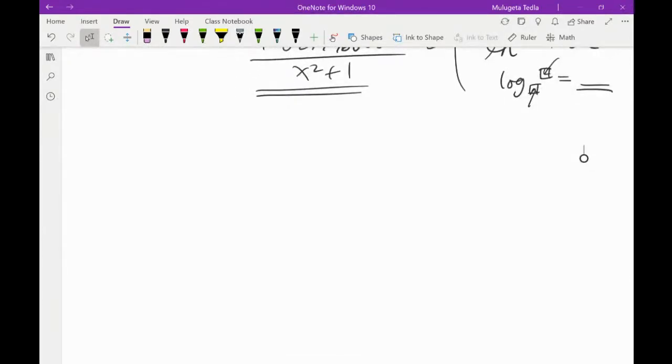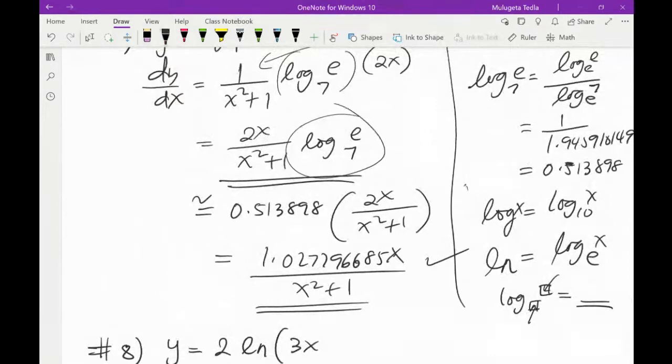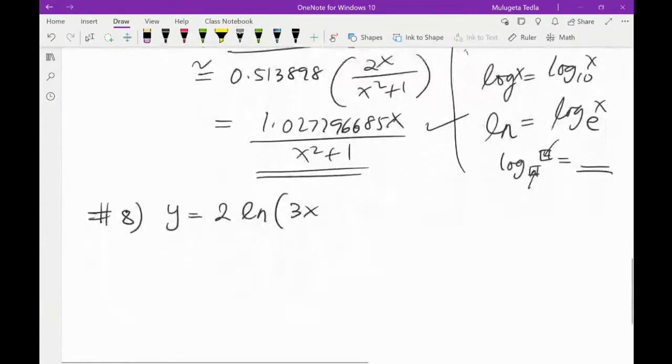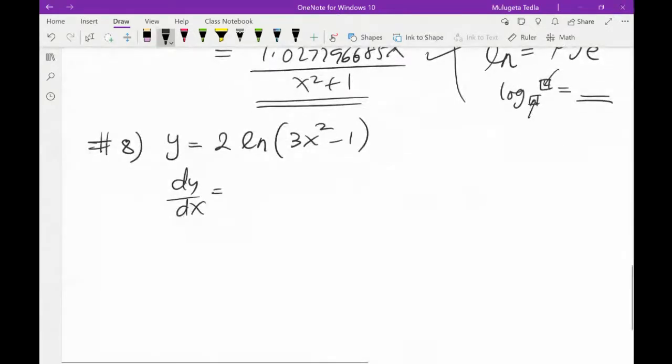Okay, so we'll go to the ln, number 8. The ln function is much easier to find the derivative because that number is not going to be part of it. That number is 1 all the time. So 3x squared minus 1. Okay, dy by dx, just to save time, I'm going to go forward.